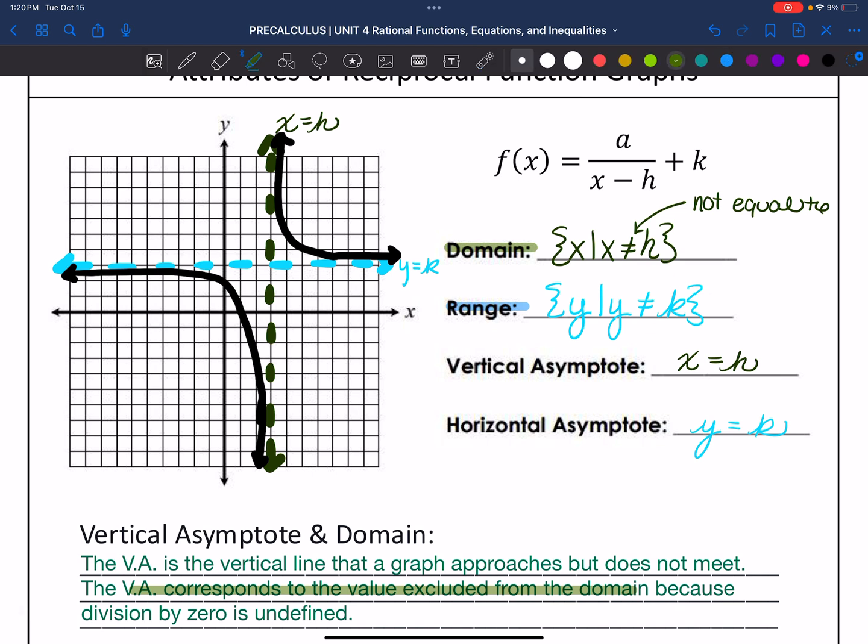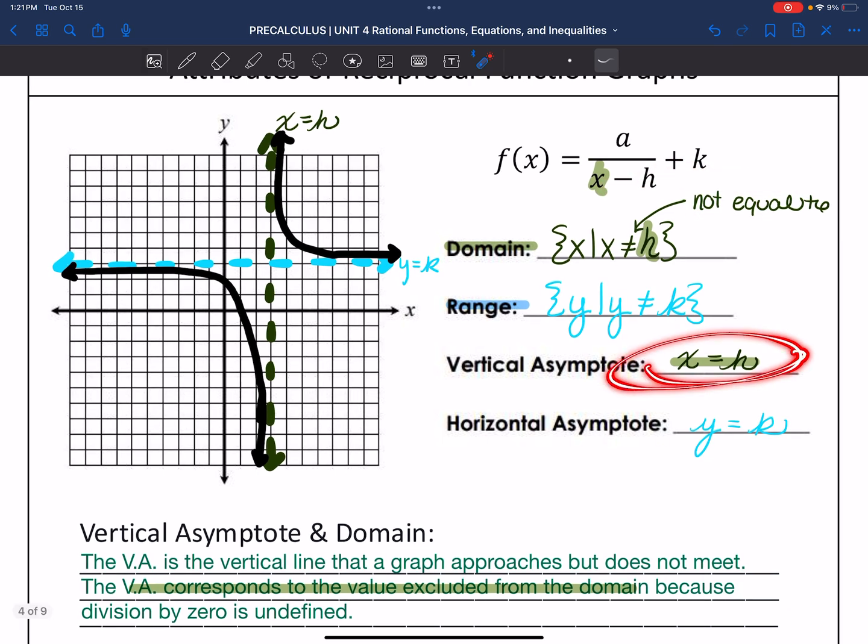Notice here that we said x equals h is our vertical asymptote, and that h value is what it is not going to have in the domain. If you plugged in h, then you would have h minus h, which is 0, and we are not allowed to divide a by 0. That is undefined. So that is why this value is not allowed in the domain of our function.